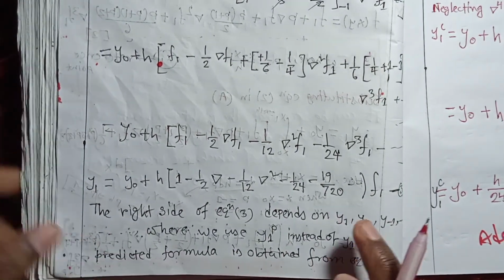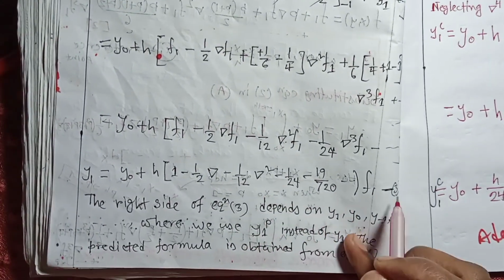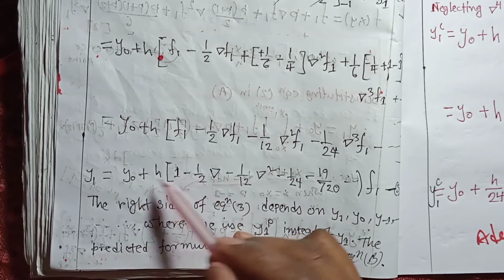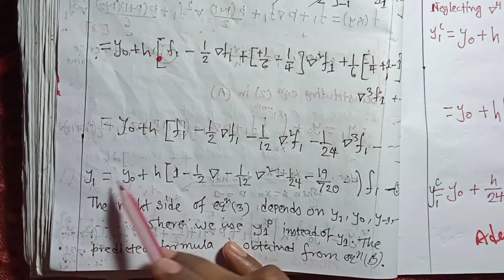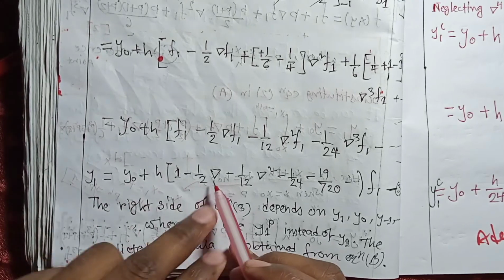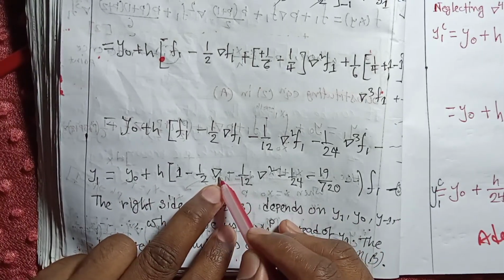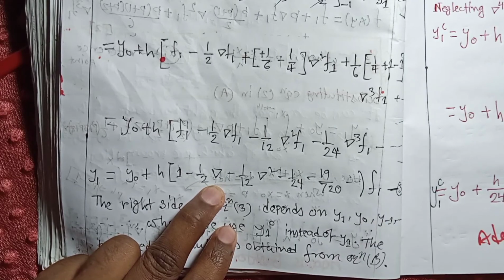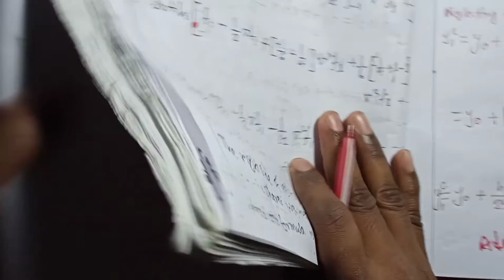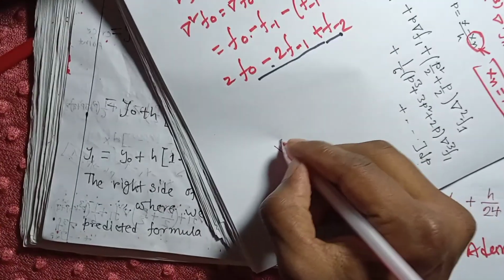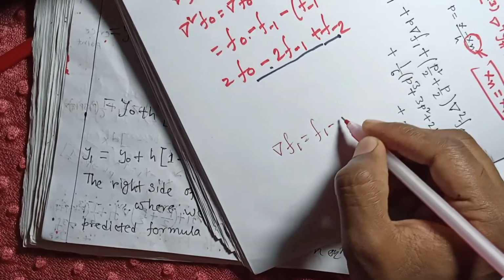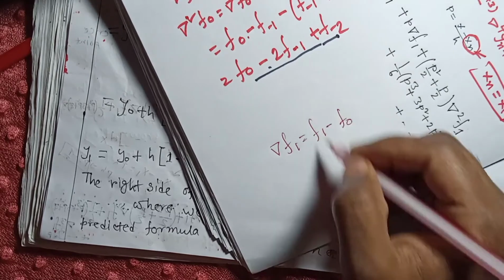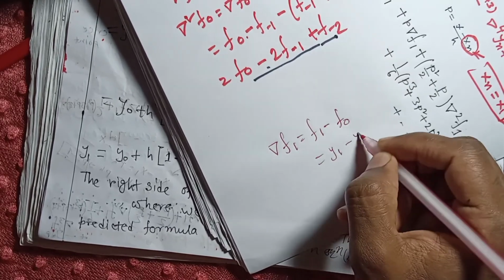The right side of this equation 3 depends on y1, y0, and nabla f1 is f1 minus f0, where f1 is y1 minus y0.